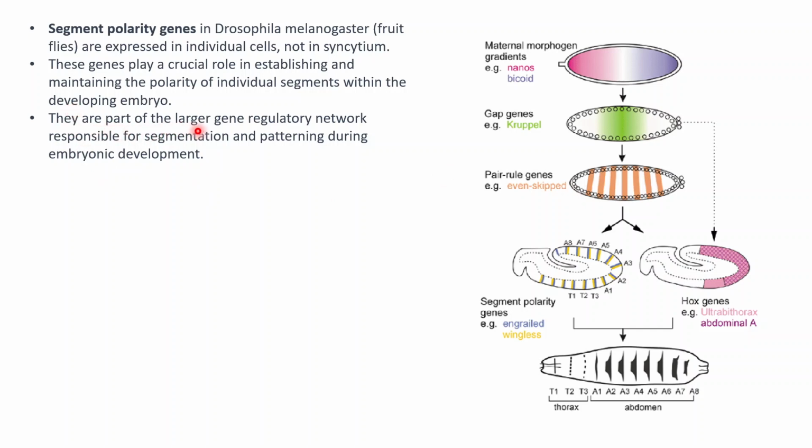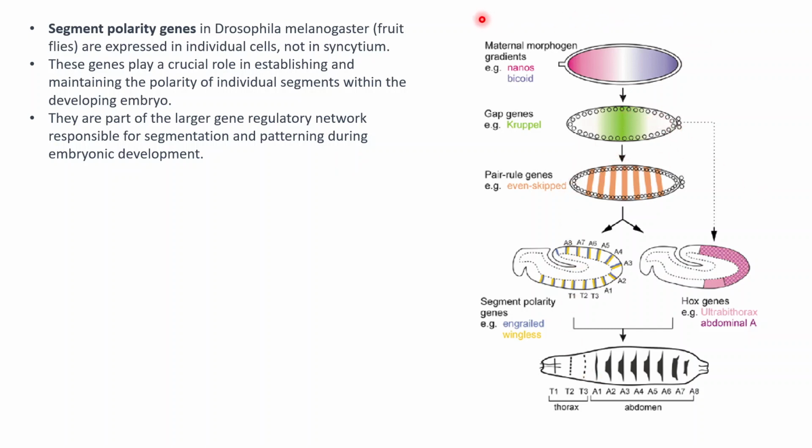Segment polarity genes are part of a larger gene regulatory network responsible for segmentation patterning during embryonic development. Together with pair rule genes, gap genes, segment polarity genes and Hox genes, the whole body plan and patterning from anterior to posterior axis as well as dorsal to ventral axis is laid down via a combination of these different genes.